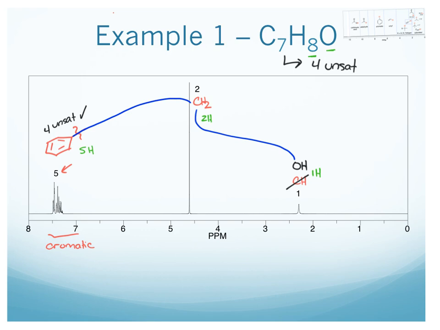The splitting also works out because the CH2 is a singlet and it's bonded to this aromatic carbon that doesn't have any hydrogen and an OH, which is a heteroatom, so you wouldn't expect any splitting. So we can draw this a little more neatly. We have our aromatic ring, CH2, OH, and there's that structure.